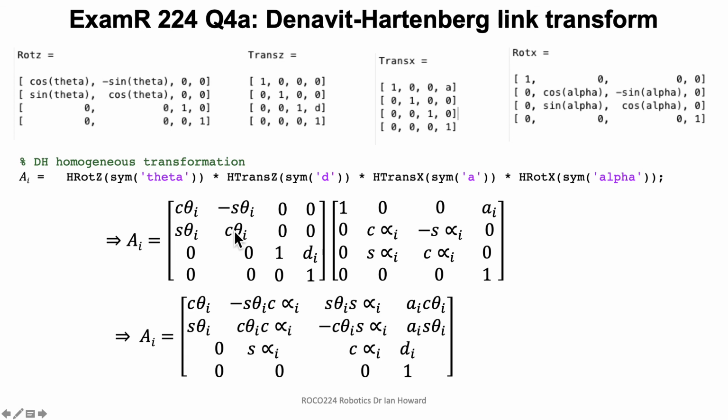Completely multiplying that out, we get basically the standard equation for a homogeneous transformation for a classical link in terms of the angle theta, the angle alpha, and the A and the D terms.